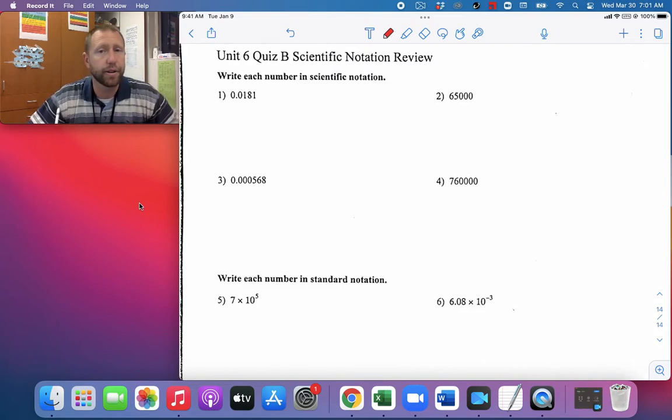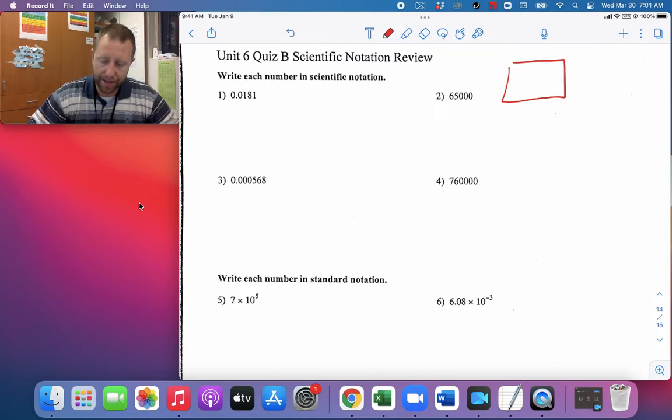Remember, scientific notation is basically made up of 2 parts. The first part has to be a number that is greater than or equal to 1, but less than 10. Okay, so I need to move the decimal so that I meet both of those criteria, and it's going to be times 10 raised to some power.